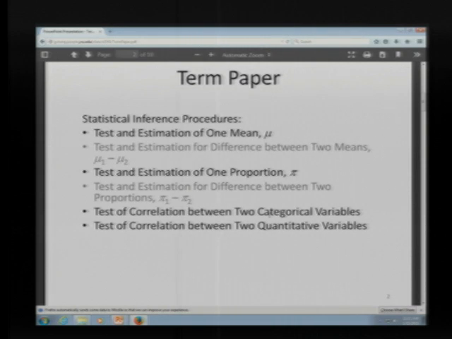Your gender, does it correlate with the color of shirts you wear? Right? You may be exploring or interested in what percent of people wear red shirts, right? Are there more females wearing red shirts or males wearing red shirts? Is there a correlation between gender and whether wearing red shirts or not? Okay, both of these are categorical, right? Wearing red shirts or not, it's categorical. Gender is categorical, right? So you can study whether there's a correlation between these two categorical variables.